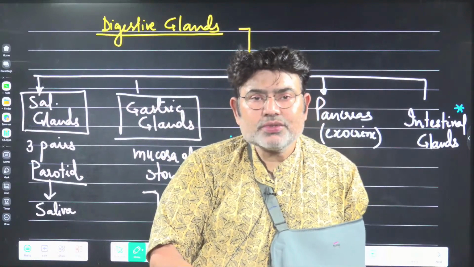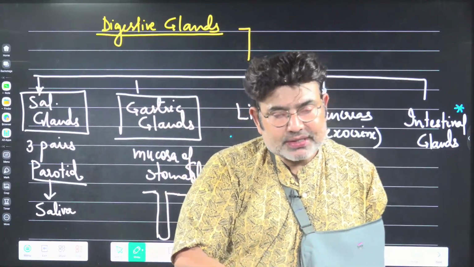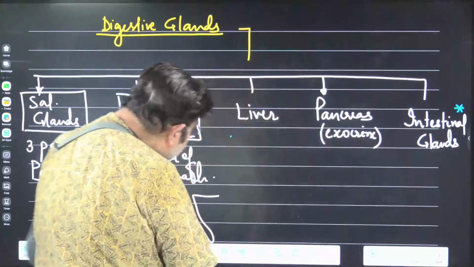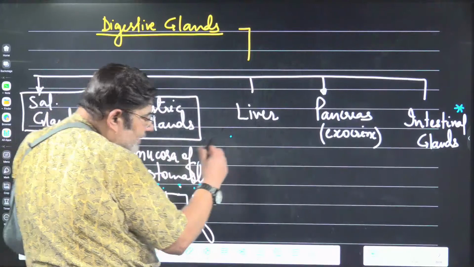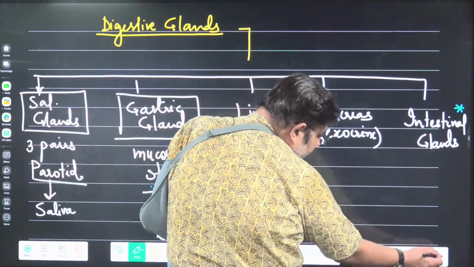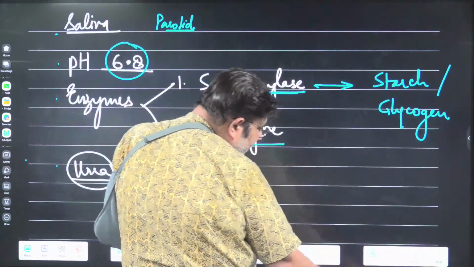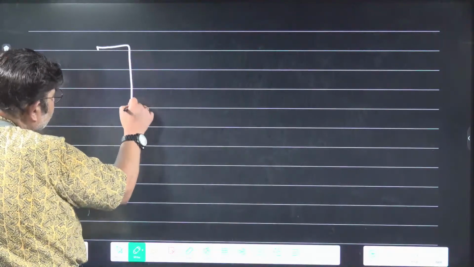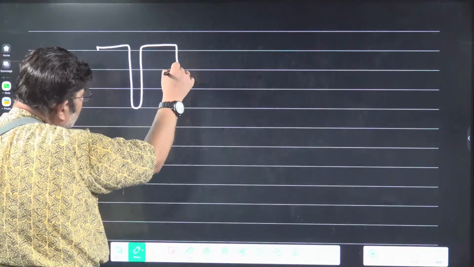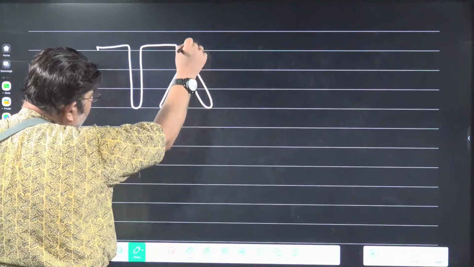They produce a juice called gastric juice. It is an acidic juice. In the stomach, gastric juice is produced by these glands, and these glands are called gastric glands. These are formed by invagination of which layer? Mucosa. They are invaginations of the mucosa.